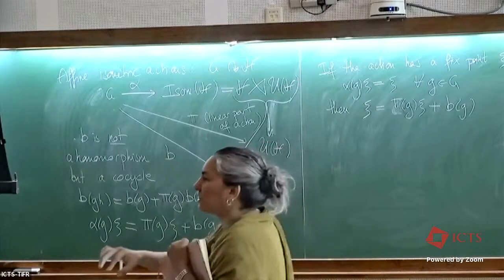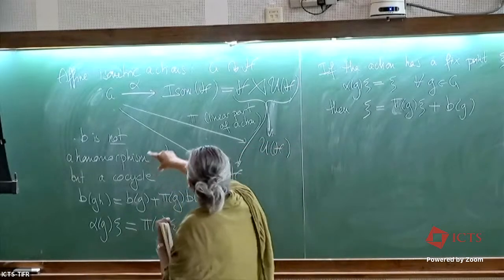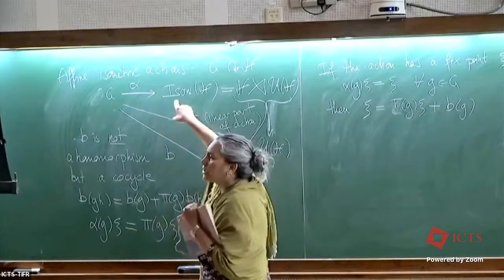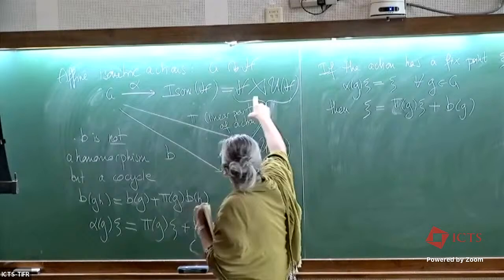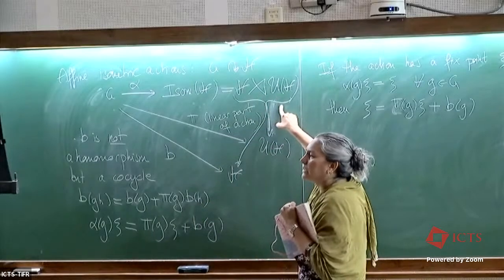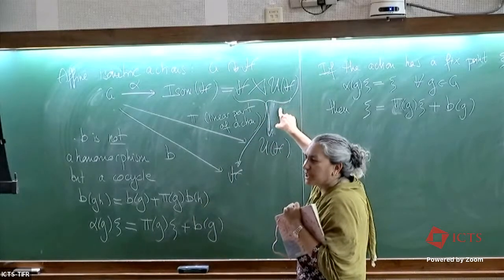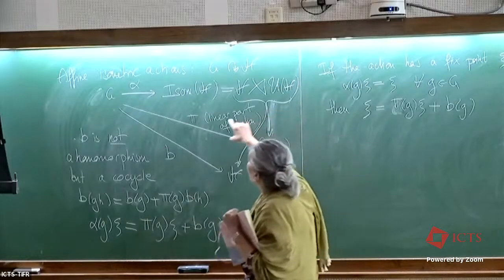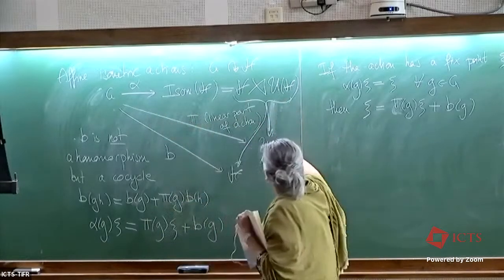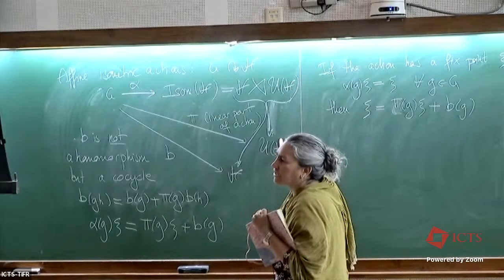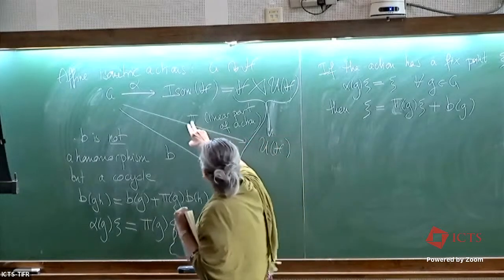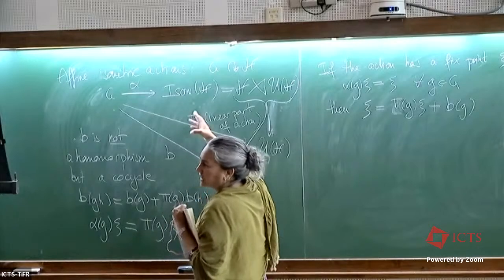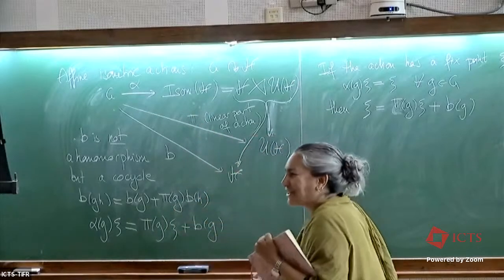So if you have an action, because the action is a homomorphism into the isometry group of H, and because the isometry group of H decomposes like this, well, if you compose your action with the canonical projection, you get a unitary operator, which is a unitary representation.